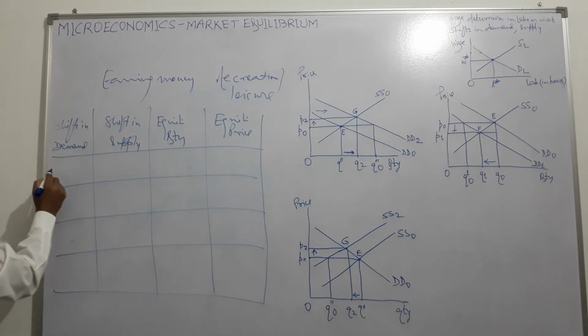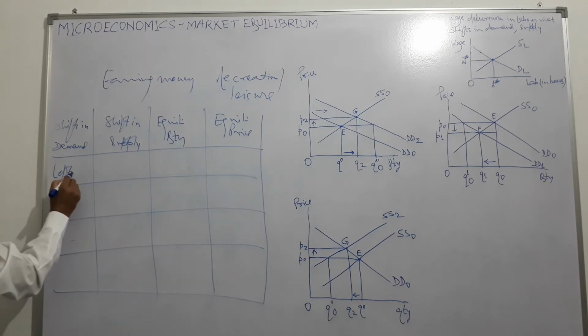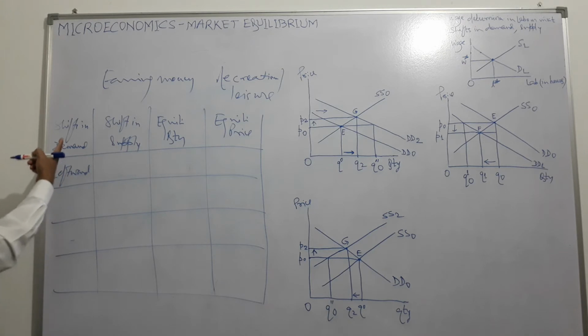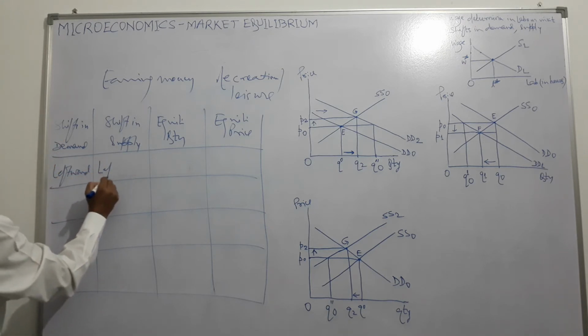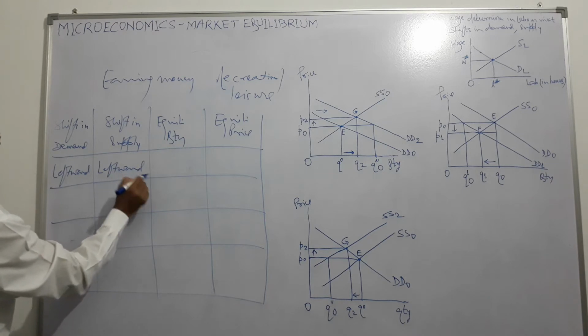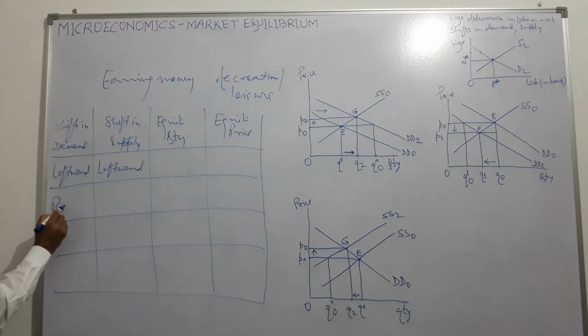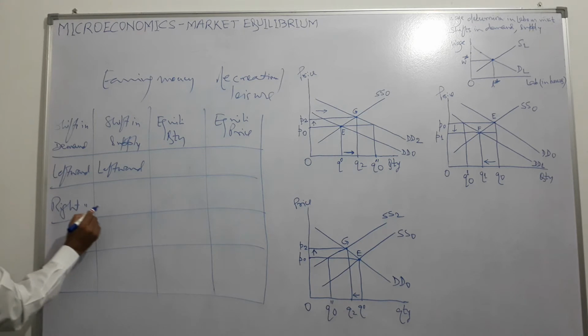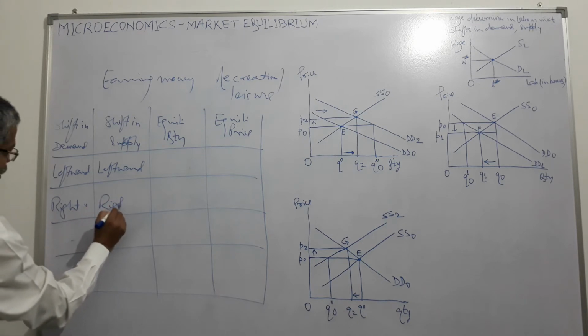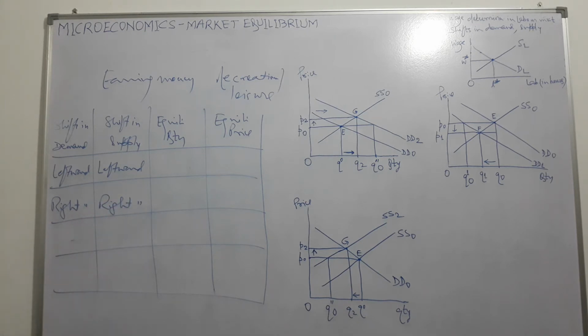We can take a leftward shift in the demand curve, with supply also leftward; rightward, rightward; leftward, rightward; and rightward, leftward.